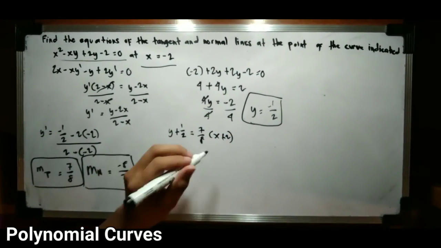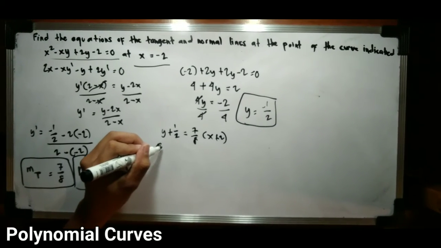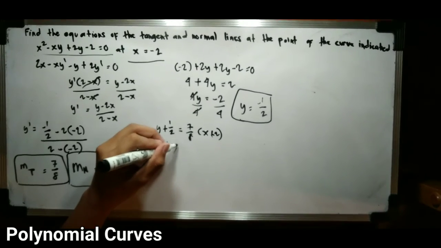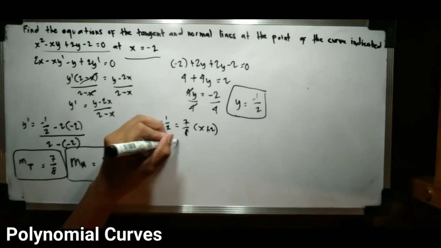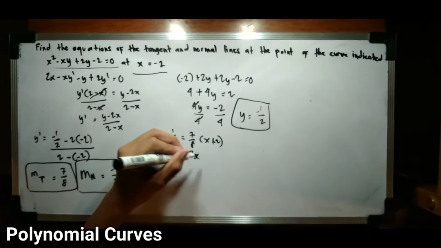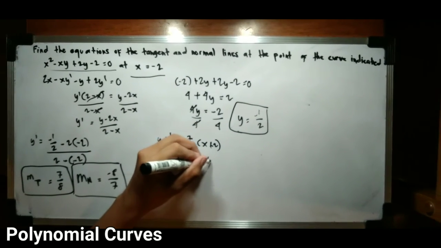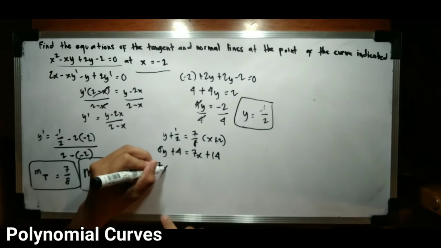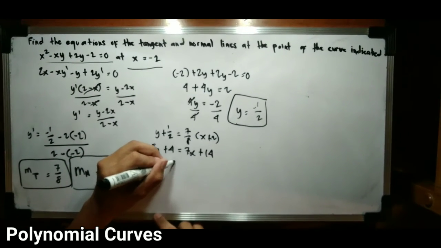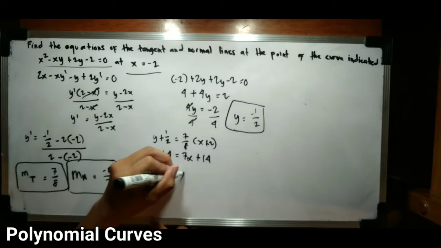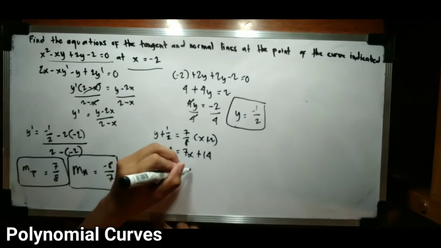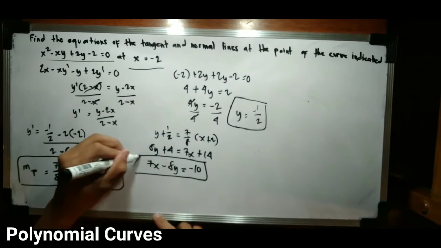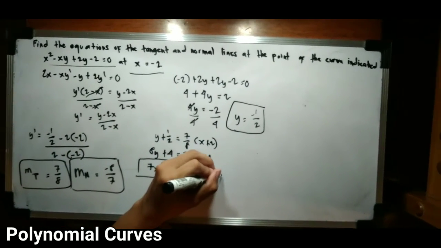Then we will multiply this equation by 8 so that the fraction will be removed. So 8y plus 4 equals 7x plus 14. To simplify this further, we get 7x minus 8y equals negative 10, and that is the equation of our tangent line.